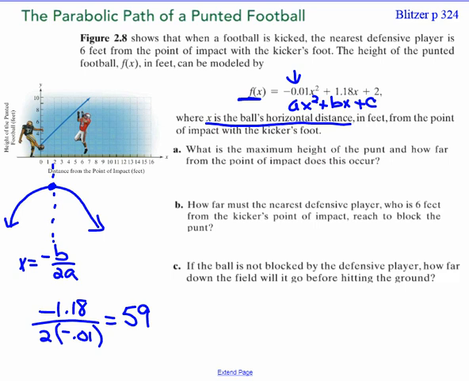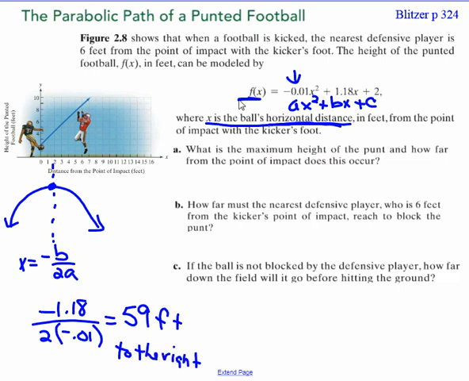Now just to check in for a minute, they were asking for two different things: the max height of the punt, and how far from the kicker that happens. And so the 59 here is the x, which is the horizontal distance again. So the 59 feet to the right of the kicker is where it will hit the highest spot.